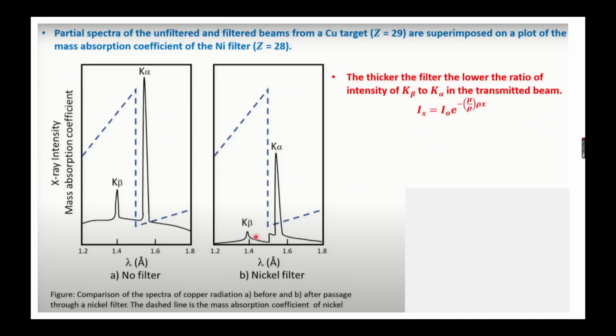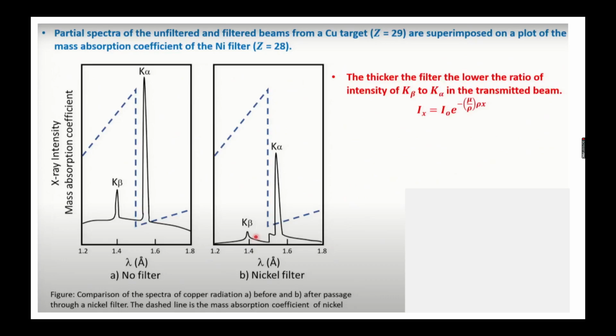Here you can see how the peaks will appear when you plot the X-ray intensity with respect to the wavelength. It shows the partial spectra, unfiltered and filtered, of copper, which has an atomic number of 29, superimposed on a plot of the mass absorption coefficient of a nickel filter.